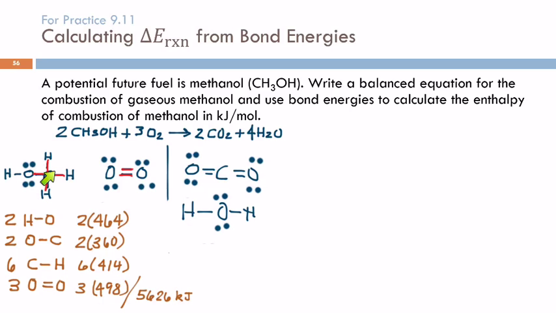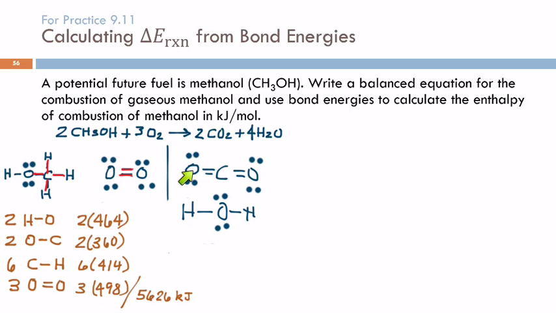If we think of these as Legos, we're taking all of them apart so nothing is connected to each other. Is that what actually happens in the chemical reaction? Absolutely not. But Hess's law says that doesn't matter. We can take any path we want as long as we start at the same place and end up at the same place. That's what state functions allow us to do. So this is the amount of energy needed to break all of those bonds.